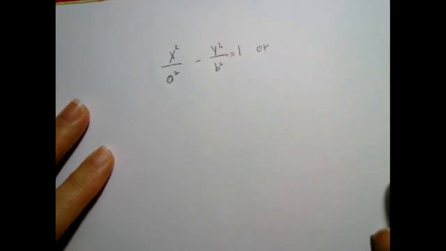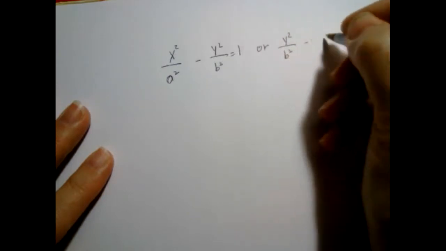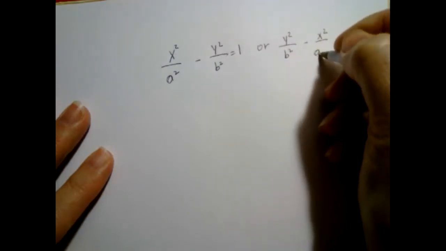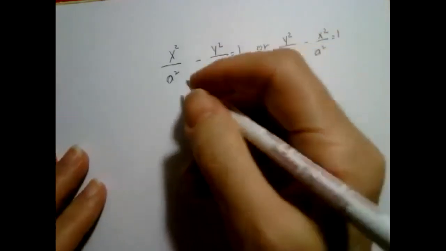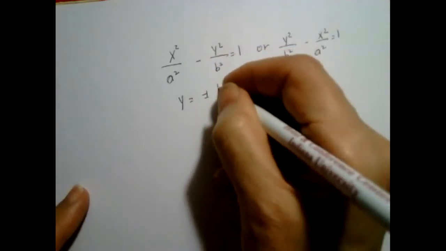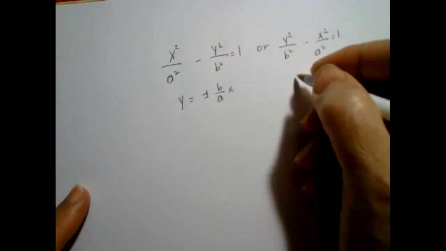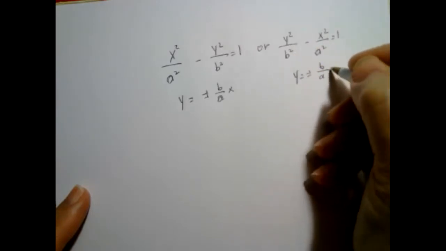This is where it's centered at the origin, or y squared over b squared minus x squared over a squared equal to 1. That was the equation. The hyperbola is characterized by its asymptote, which is given by the same formula in both cases.